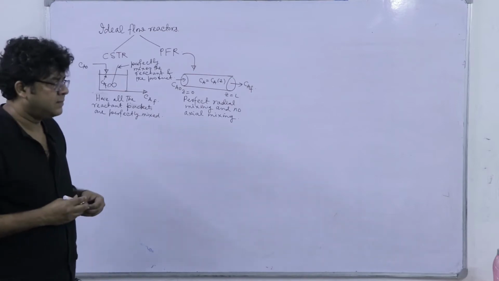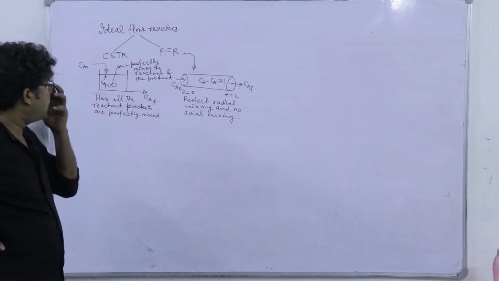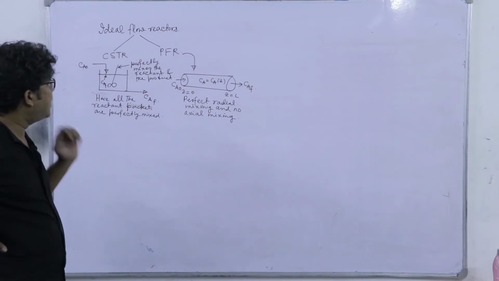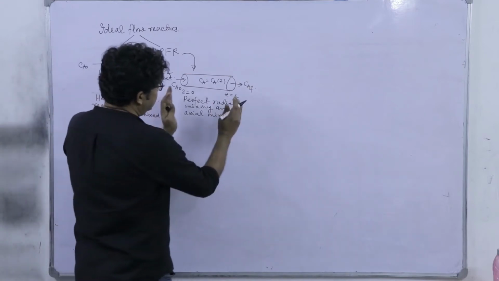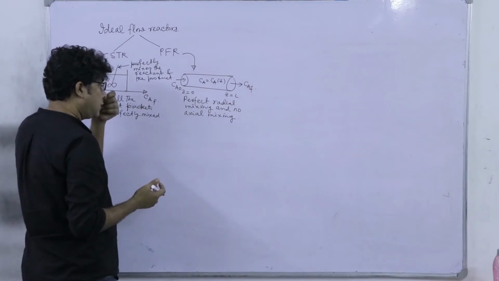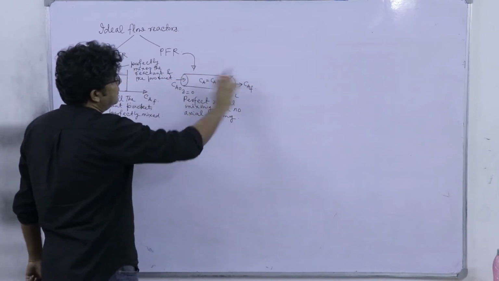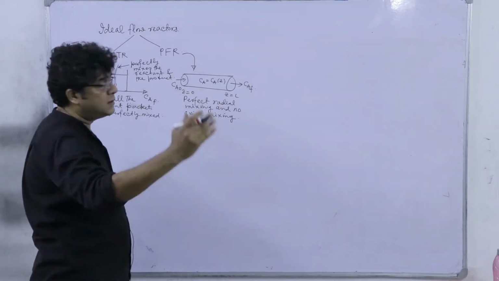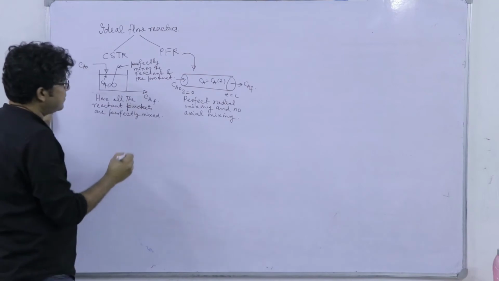Now, you see that there is a specific type of idealization it generates, and here the concentration only changes along the direction of flow.